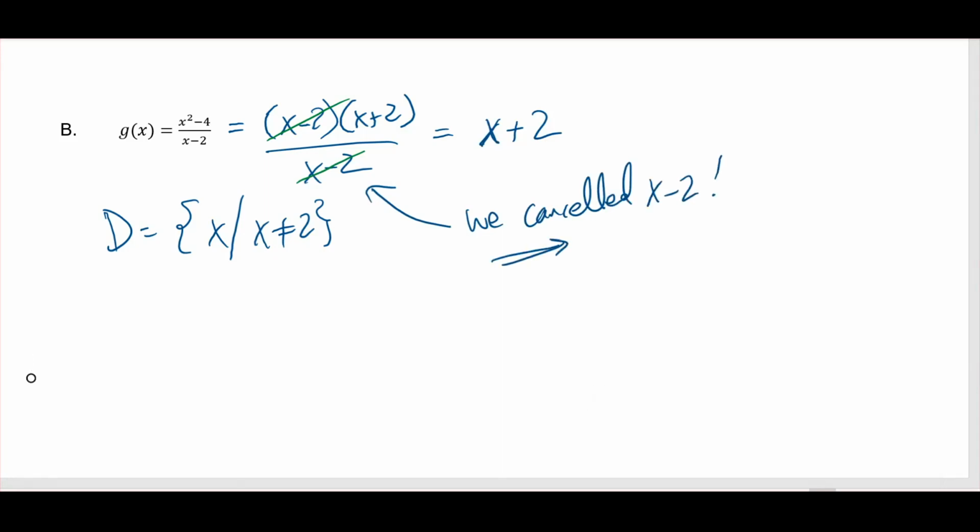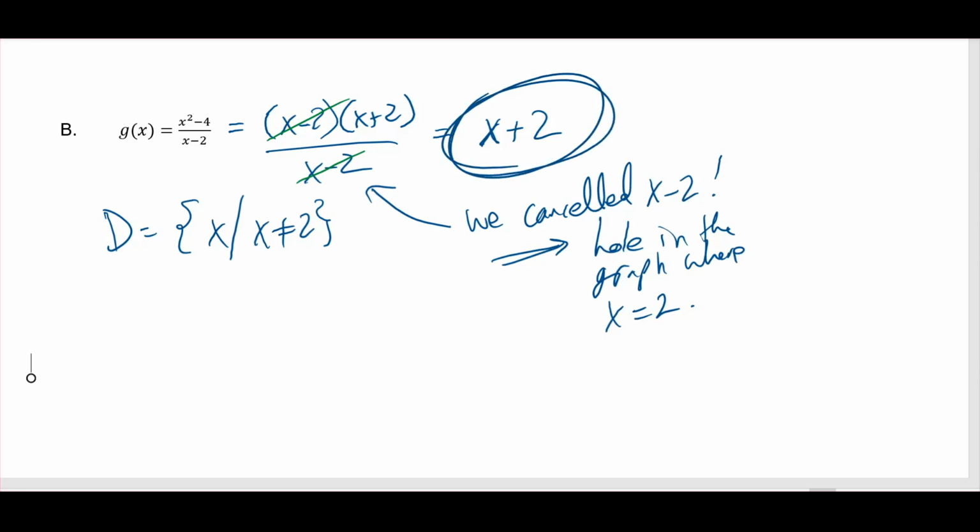So this tells us that there's a hole in the graph where x equal 2. This was our canceled domain restriction, right? Because this object here, that's a polynomial and has no domain restrictions. So our graph is going to look like that thing. Well, it's going to be a line, right? But it's going to have a hole in it.